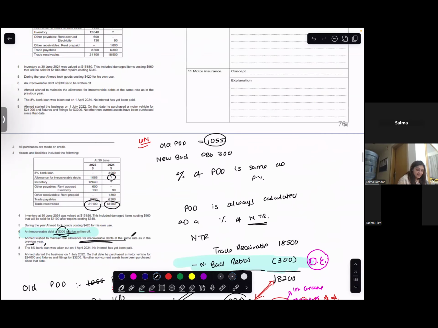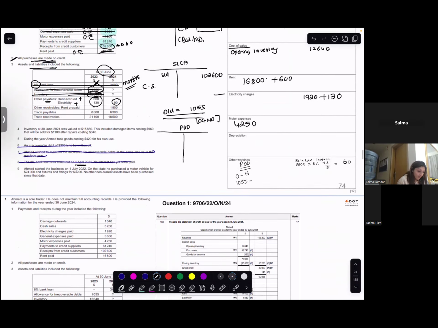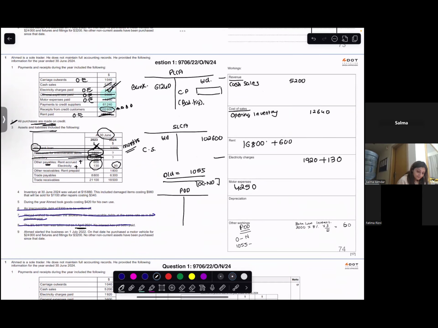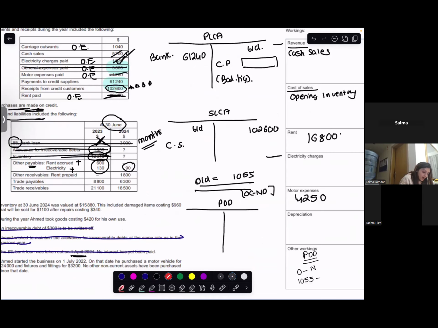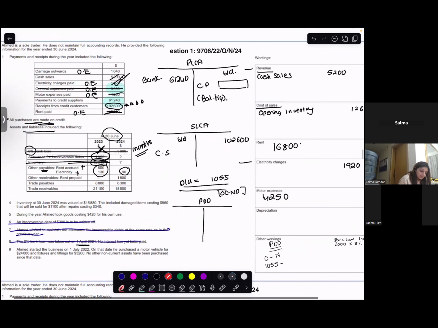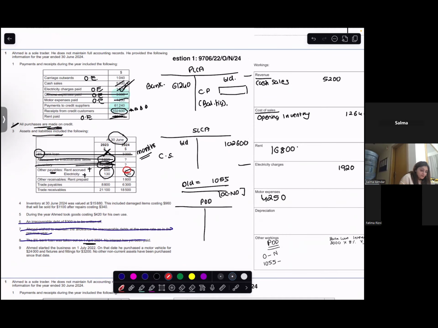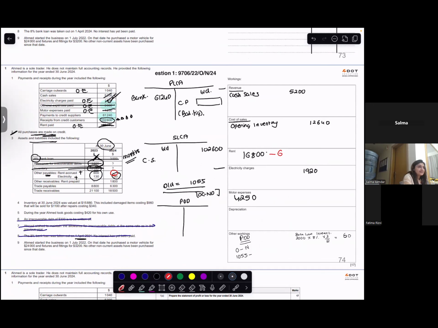So the mistake that I did is I added of the last year. Come on. For rent, how much should be added? There is no outstanding of the current year, so nothing but of the previous year should be subtracted.